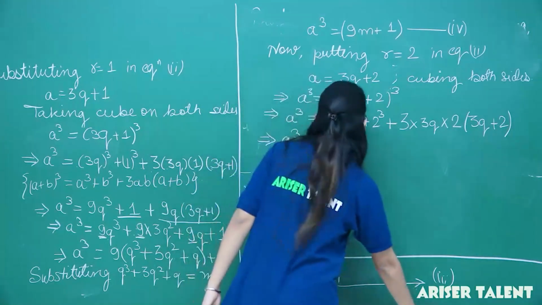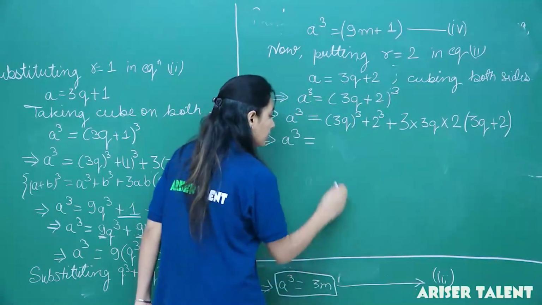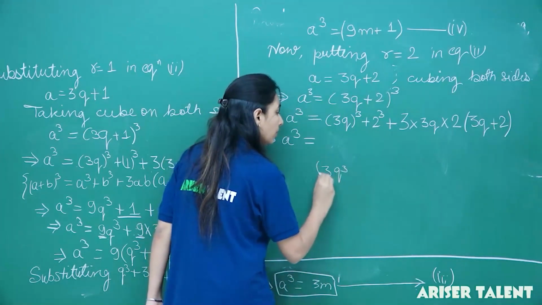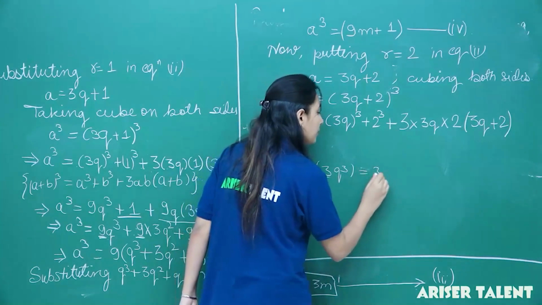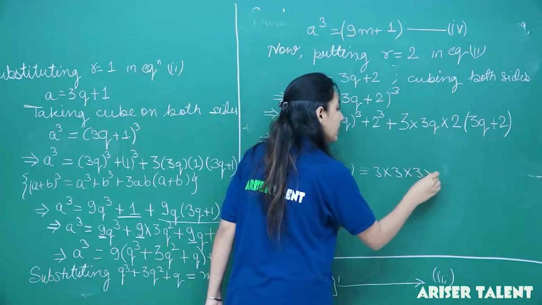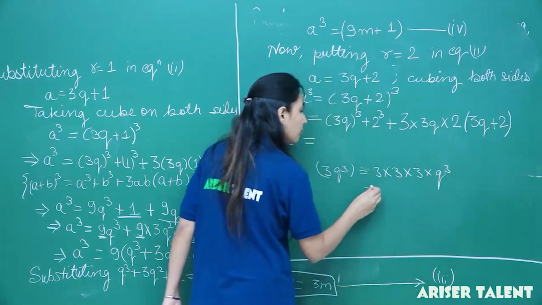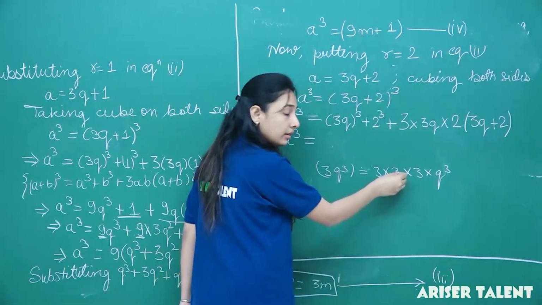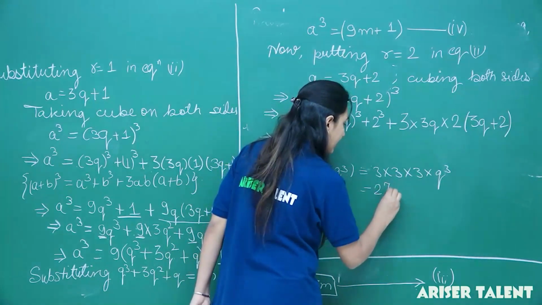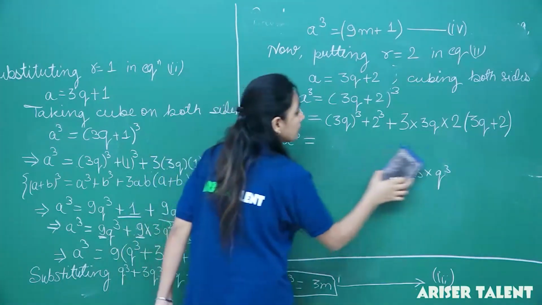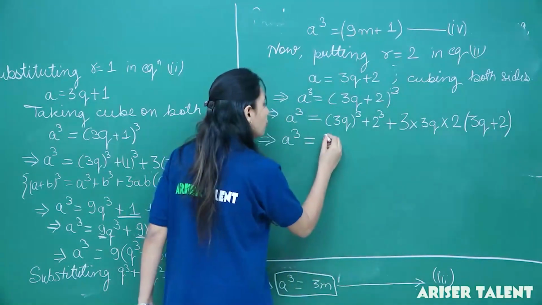Okay, now solve it. That will become a cube. Now what will this become? (3q) cube will become 3 multiplied by 3 multiplied by 3 multiplied by q cube, that will be 9, that will be 27, so 27q cube.